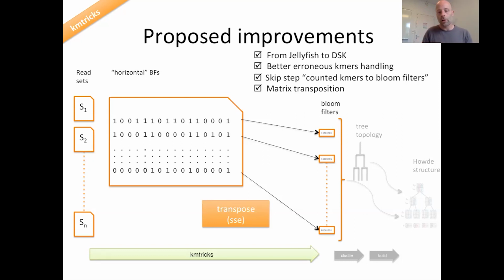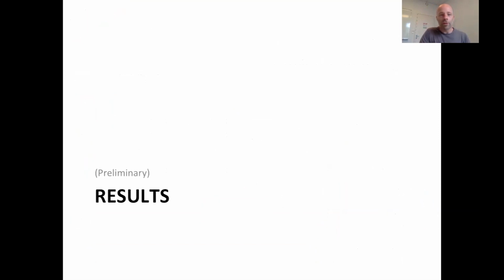We have a lot of ideas, but I guess today this is the most efficient way to perform all those steps. Let's have a look at the results. Maybe I could have removed the S here from results, because this is really preliminary.